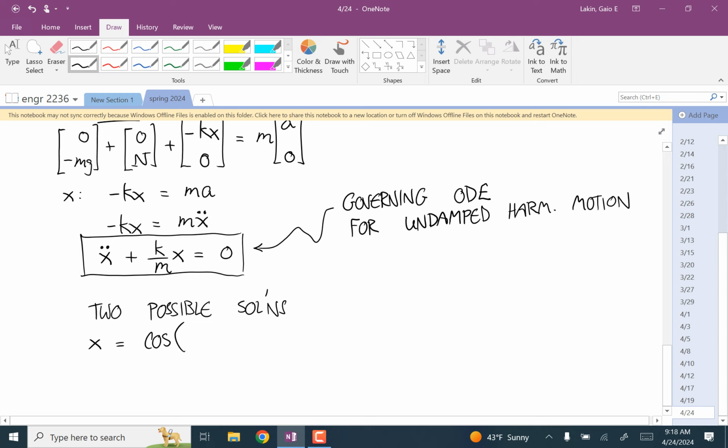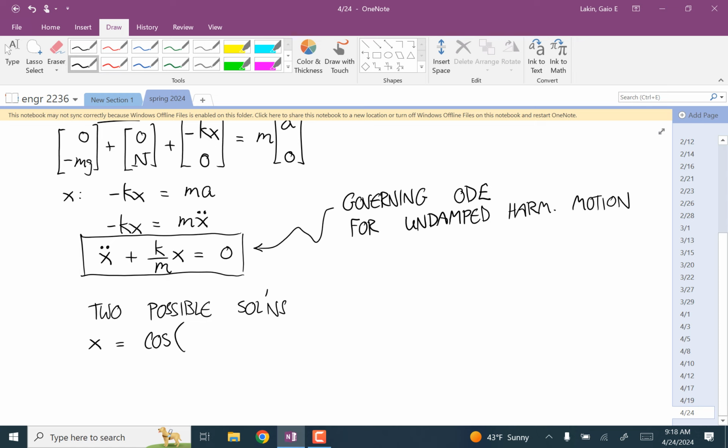Okay, and so when you take the second derivative of a cosine function, you get a negative cosine function, right? So that takes care of the cosine. And then what about the argument in front?